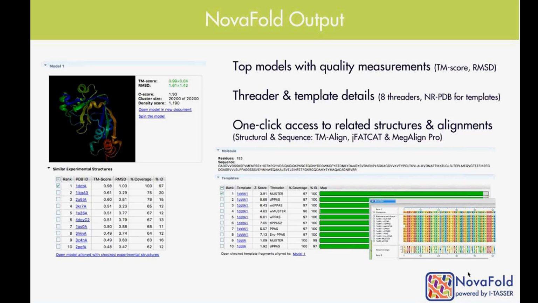I'm just giving you a quick highlight of the NovaFold output, where we present information such as the top 5 models along with quality measurements, looking at TM score, RMSD, providing you with information on what threaders were used and the template details that were pulled from a non-redundant PDB database, as well as giving you very efficient one-click access to related structures and structural alignments, and even sequence alignments in our molecular biology tools.